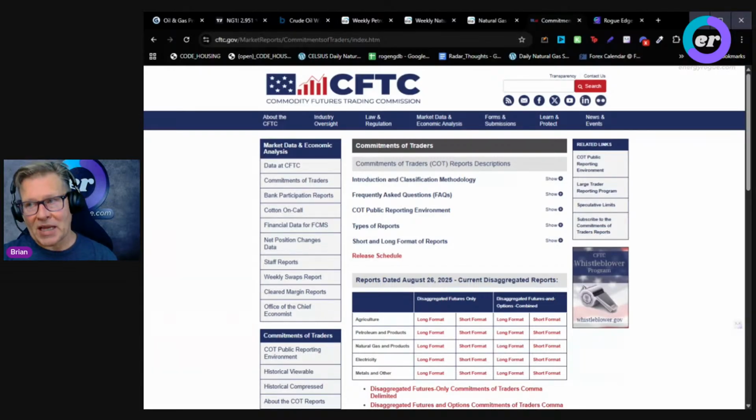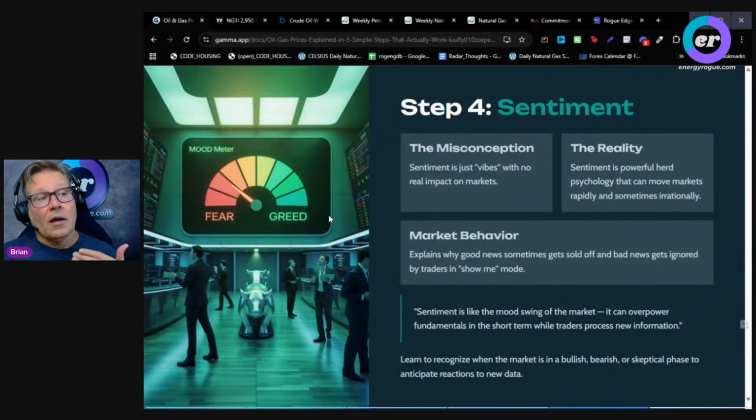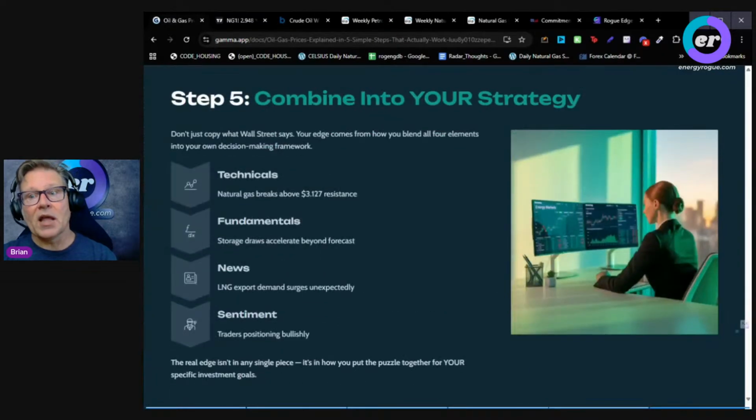It tells you an opinion. You could spend a lot of time on the CFTC trying to understand the Commitment of Traders report. News is one sentiment, the CFTC is another, because that's where fear and greed really play out. And then you combine all these together. If that sounds like a lot, it is.